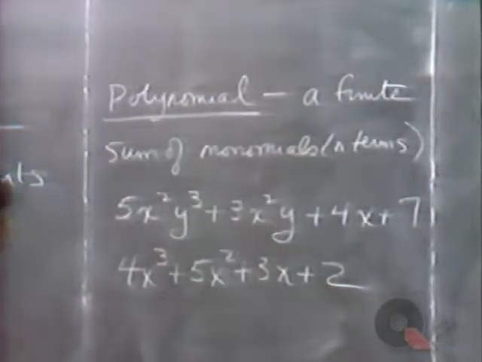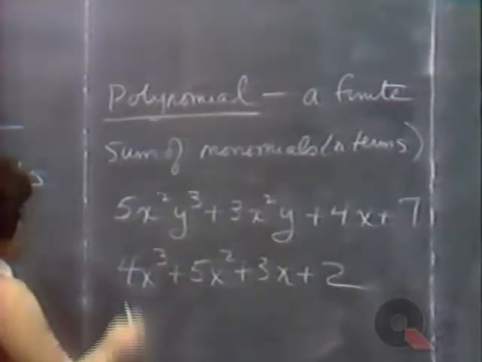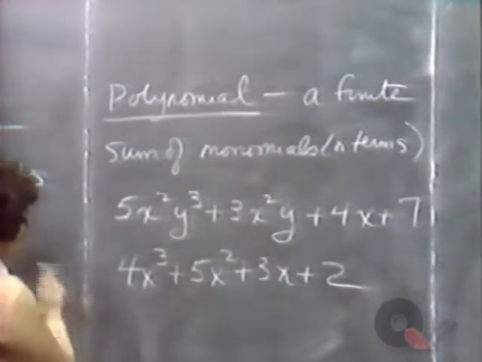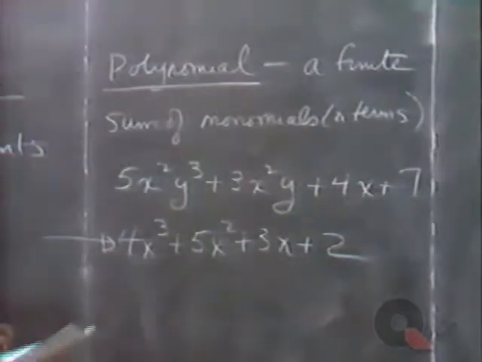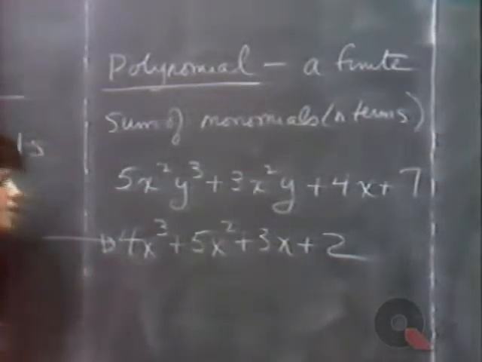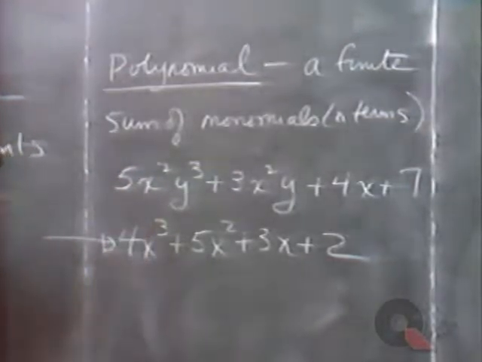Let's restrict ourselves for a moment only to polynomials in one variable. In such a case, we define the degree of the polynomial. If we're talking about a polynomial in one variable, the degree of the polynomial is the highest power to which the variable is raised. So this polynomial here has degree 3. The variable is x. The highest power to which x is raised is 3.